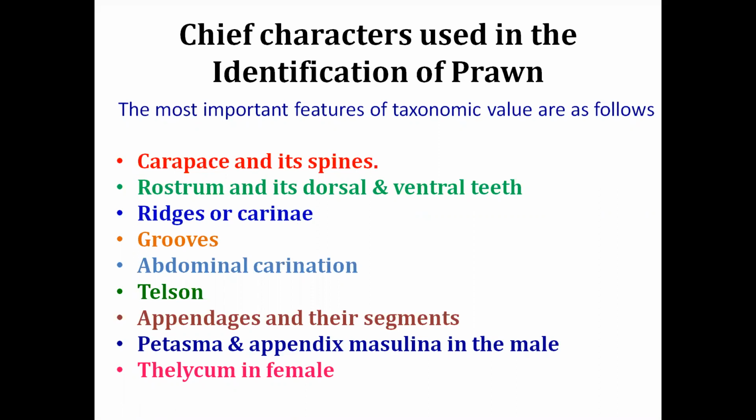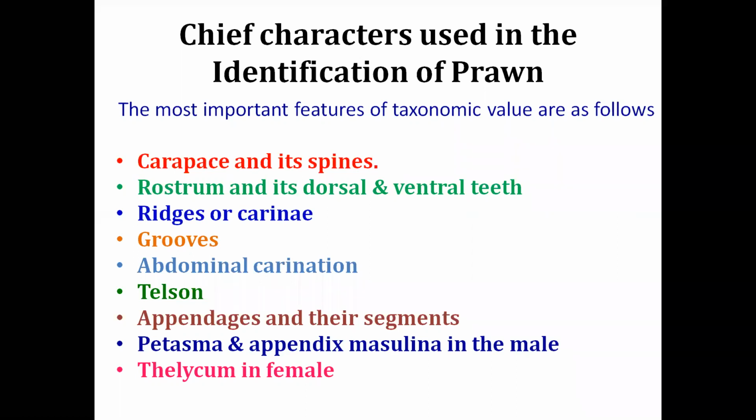Then the telson, which is the last abdominal segment of the body and has the anus opening. The shape of the telson, and the presence or absence of spines, also has great taxonomic value. Then the appendages and their segments: their structure, substructure and segmentation all have taxonomic value.